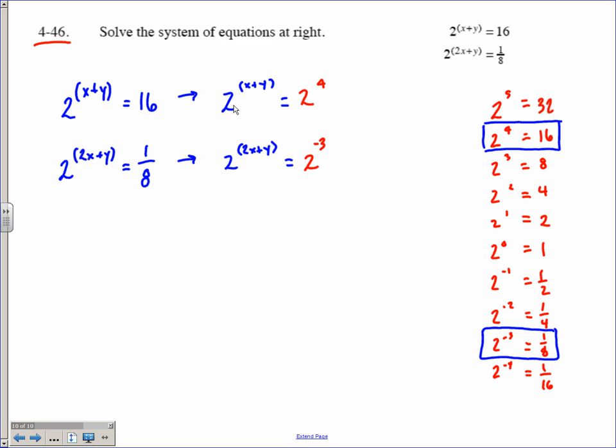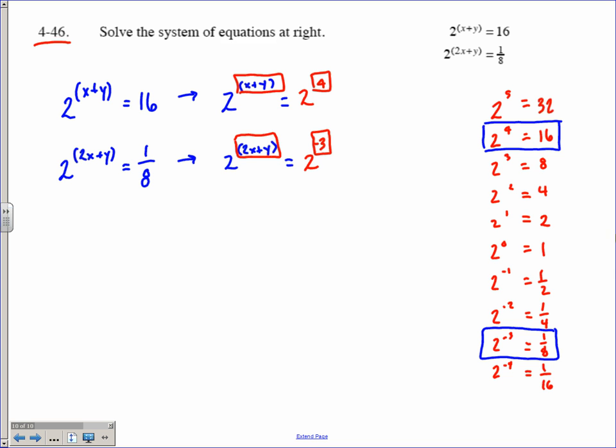If you take a good look at that, we know the base is 2. Since we have the same exact base, we can think about x plus y having to equal 4 in order for this equation to be true. And on the second one, our 2x plus y has to equal -3 for this equation to be true.